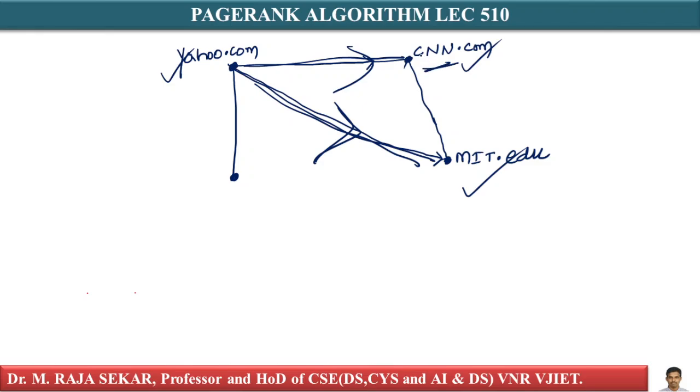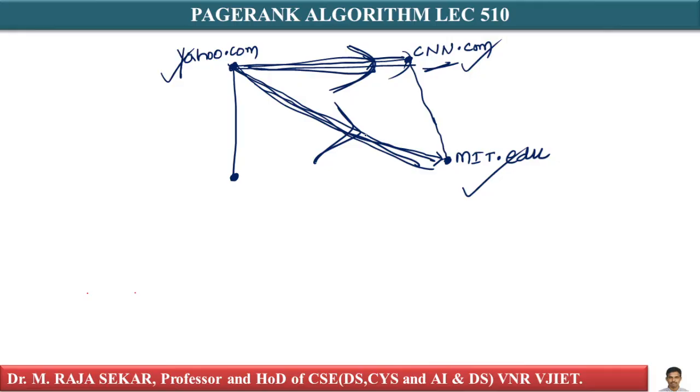If there is also a hyperlink between yahoo.com and cnn.com, you add an edge. Just see, you are adding an edge. That means there is a hyperlink from yahoo.com to cnn.com. In this directed graph, the direction represents the hyperlink, because the link is from yahoo.com for a user to go to cnn.com.